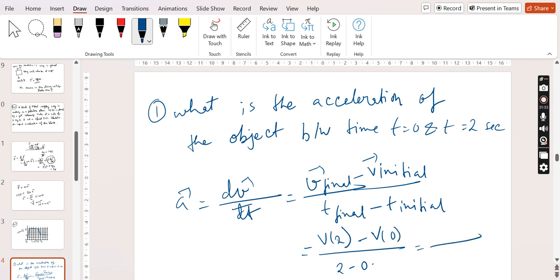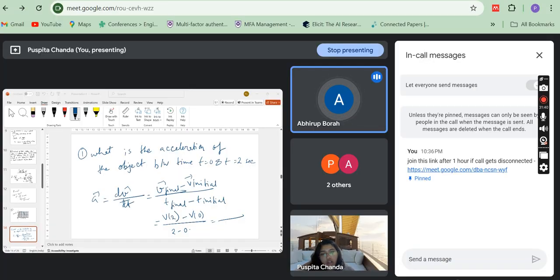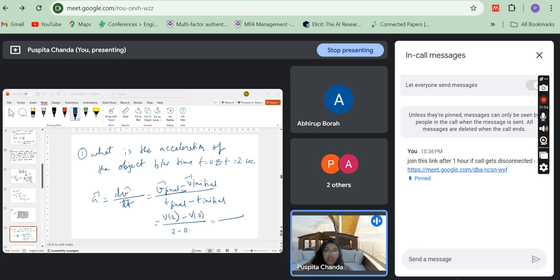Hello. Yes, ma'am. Good evening. Ma'am, could you please suggest some books so that one could practice questions of this sort? For Newtonian mechanics, whatever the professor has suggested, or you can solve competitive exam questions. I was asking for a proper text. For a proper textbook, I don't remember now for Newtonian mechanics.